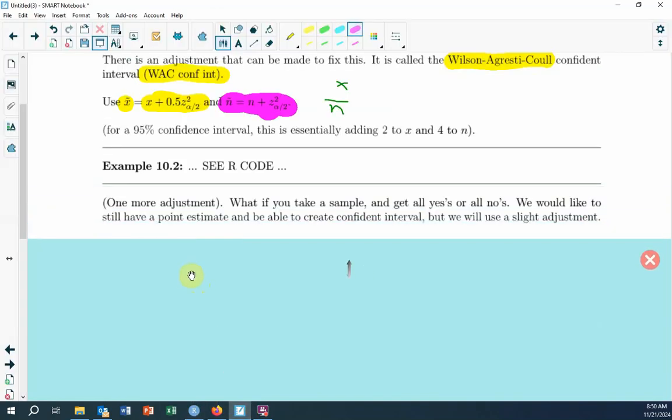So one adjustment we have to pay attention to is that we're asking yes/no questions. Consider this: what if we wanted to go out, and this is just categorical yes/no data, and ask people if they like ice cream or not? I imagine the percentage is pretty high, but it's not 100% of the population that likes ice cream, right?